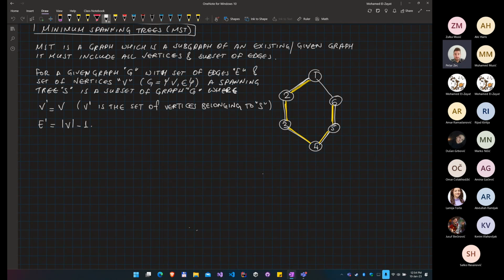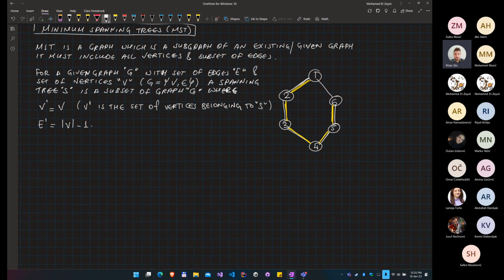So you included all vertices. If you are, for example, in an exam and you're solving a minimum spanning tree, you would say, okay, I have to include all the vertices. So if your tree includes all the vertices, you check one condition. And the second thing is that your edges have to be V minus 1. For example, here we have 6 vertices. How many edges do we have here? 1, 2, 3, 4, 5.